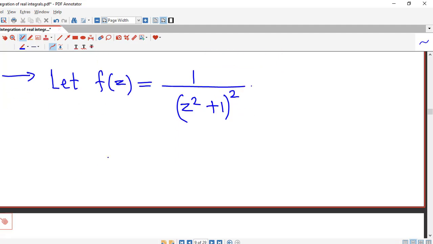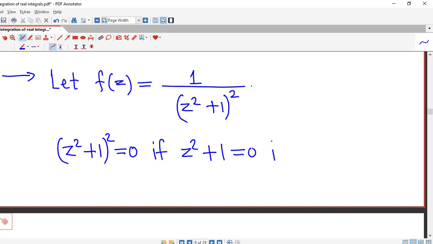Then we find out poles of f(z). So here we can see f(z) is rational function, so it is analytic everywhere except at those points for which denominator becomes 0. So first we try to solve this, for which values of z denominator becomes 0. So this is 0 if z square plus 1 is 0, and this is z square equal to -1, which we can replace by i square.